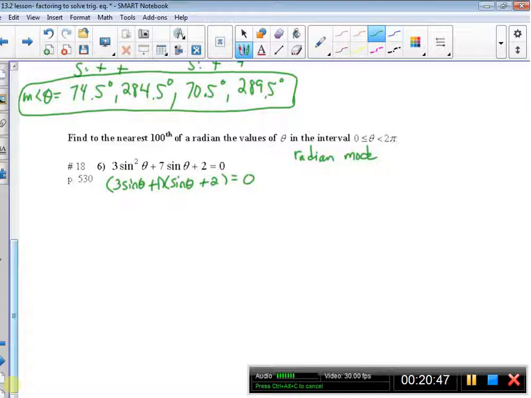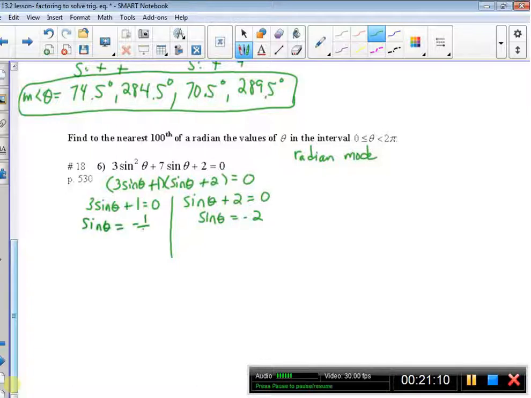Got to know how to factor. 6 plus 1 is 7. So then it looks like 3 sine theta plus 1 equals 0. And sine theta plus 2 equals 0. So I have sine theta equals negative 2. And I have sine theta equals negative 1/3.